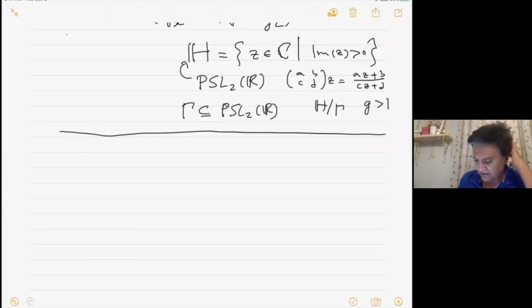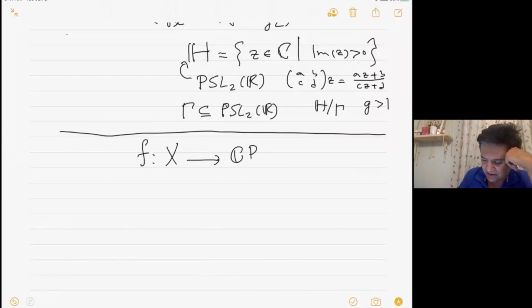To do that, first I need to talk a little bit about the order function at a point. So let me make a quick review. Suppose you have a Riemann surface X, and you have a meromorphic function f which is non-zero on this Riemann surface.